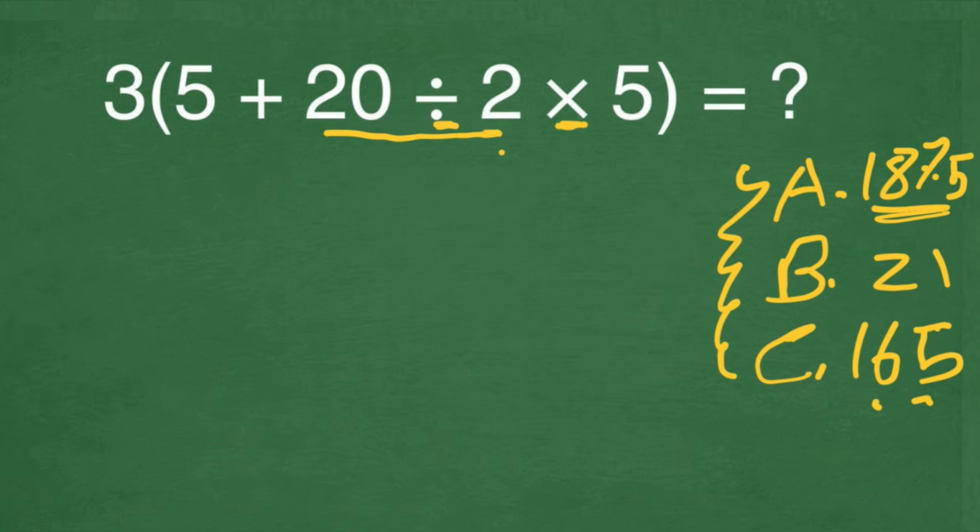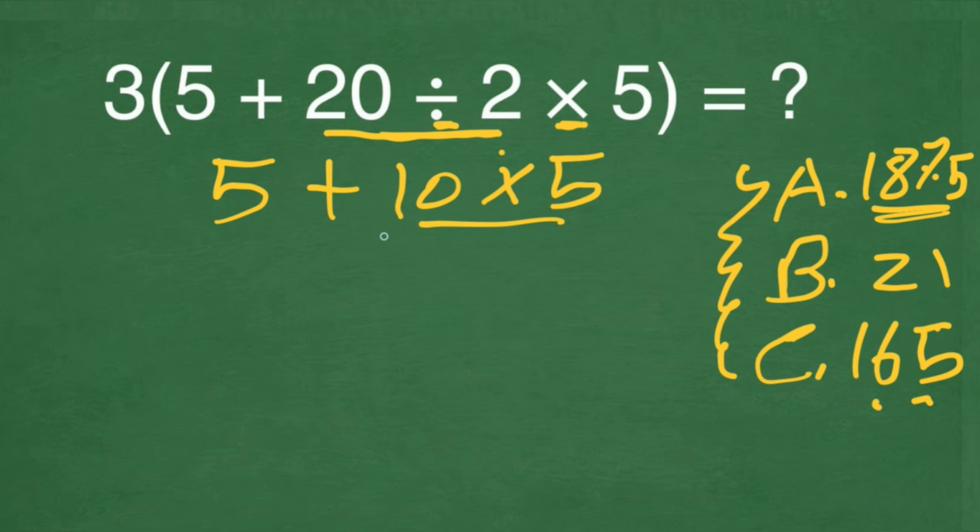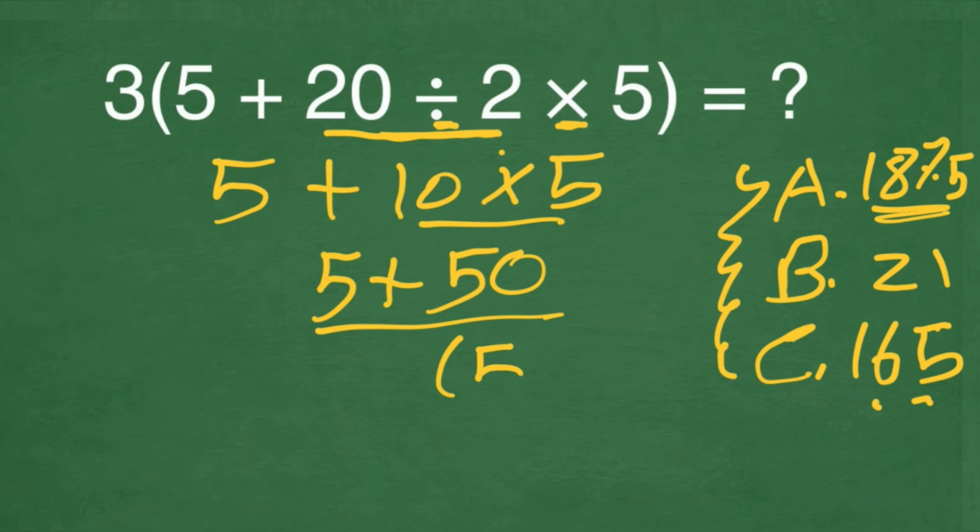We start by dividing 20 by 2, because division comes first from left to right. 20 divided by 2 gives us 10. And 10 multiplied by 5 is going to be the next operation. 10 multiplied by 5 is 50. And now we add 5 to 50, and it becomes 55.